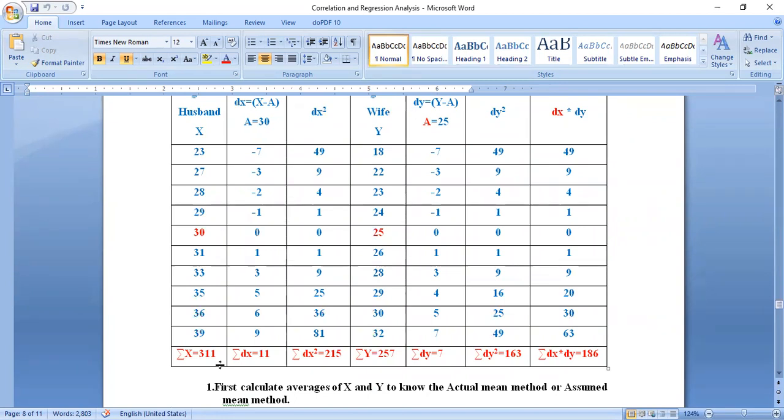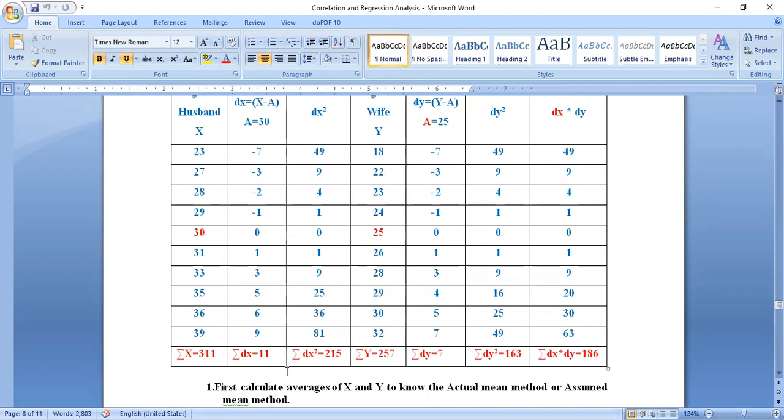The value is a fraction in the case of x, and in the case of y also, 257 divided by 10 is 25.7. In these two cases you got fraction values, so this problem belongs to the assumed mean method.